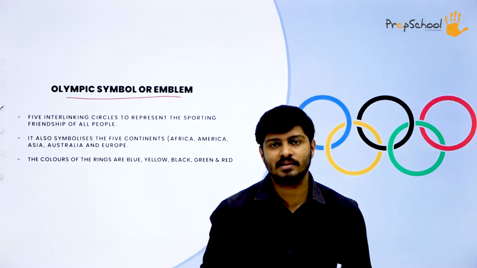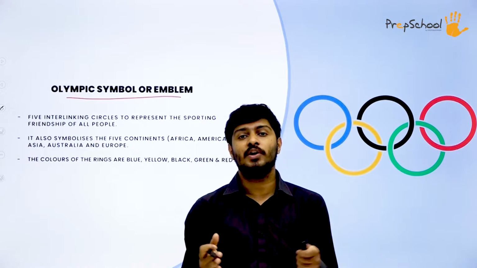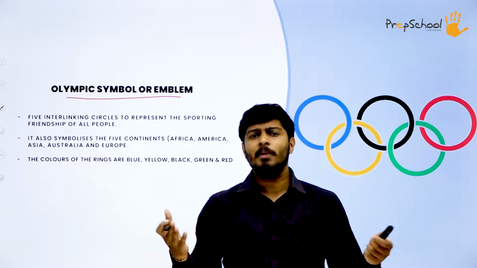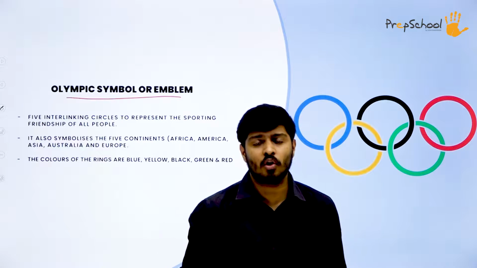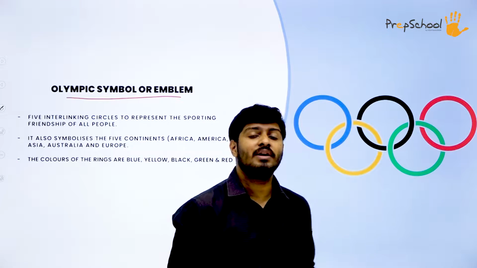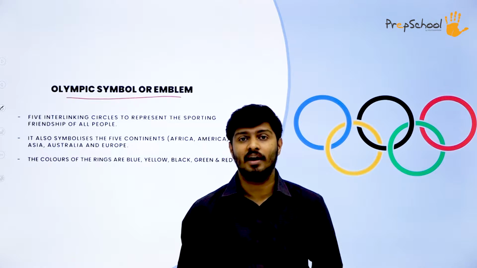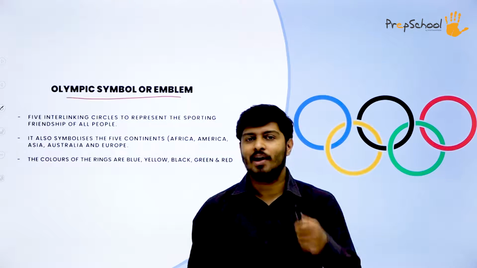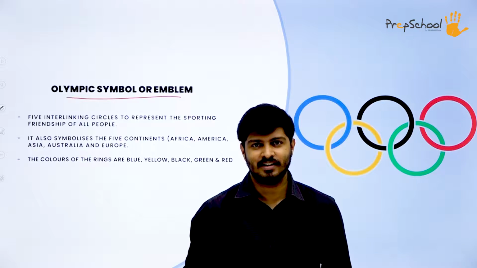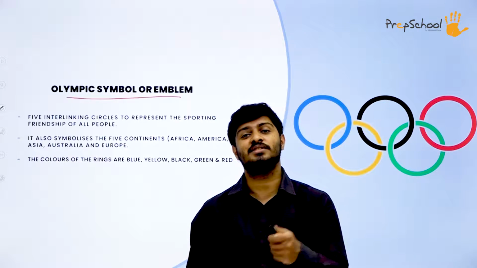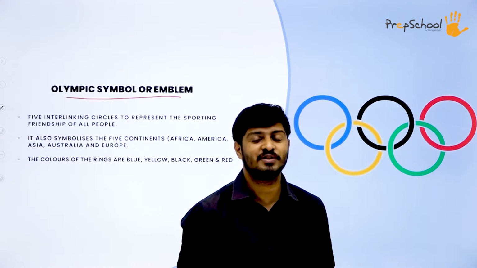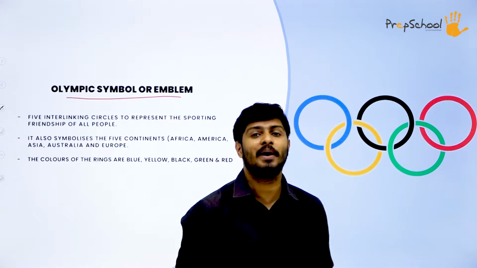These 5 interlinking circles represent 5 different continents. Now, you may wonder that there are a total of 7 continents. Then why are only 5 continents or 5 circles represented here? The story behind it, I already gave in the first session. That's why I was recommending you to go back and see that session first, so you can understand this session much better.